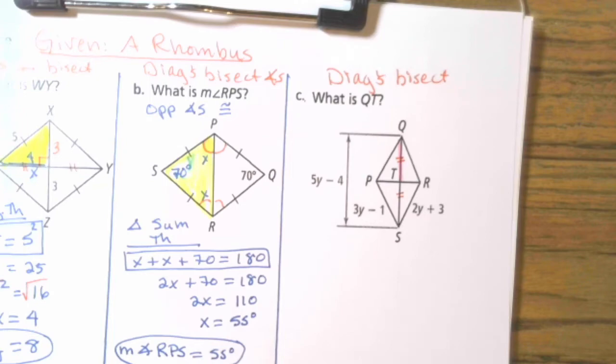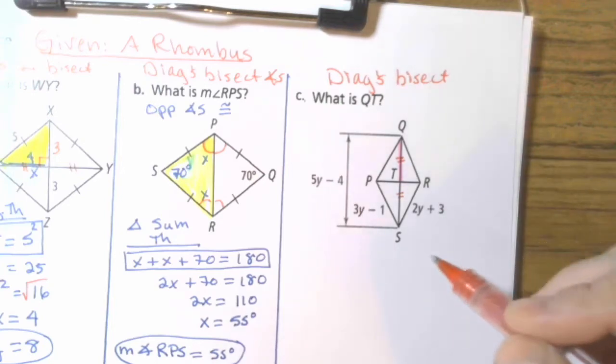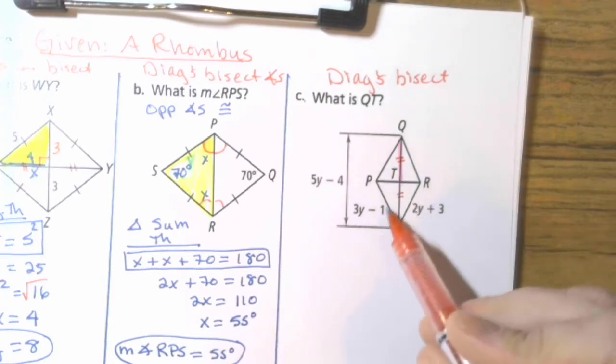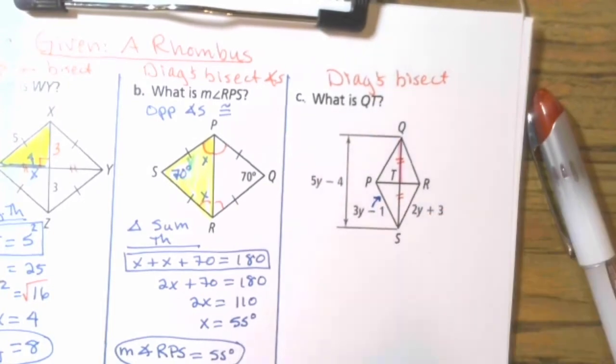That's kind of interesting, isn't it? So QT and TS are the same. They've given us 3y minus 1, but this 3y minus 1 applies to this side right there.